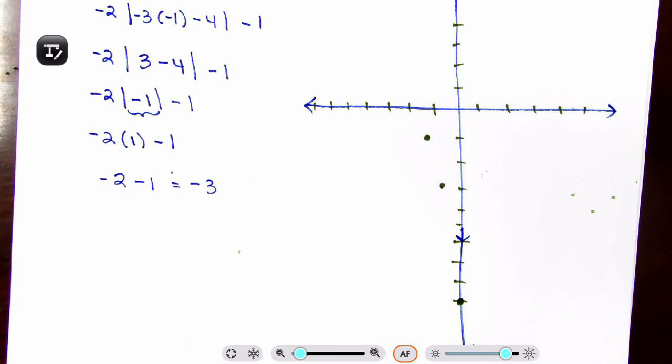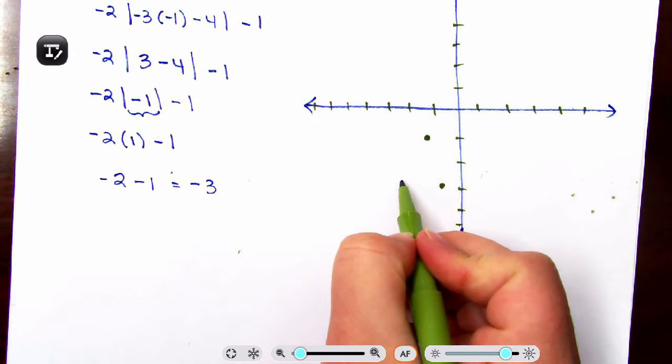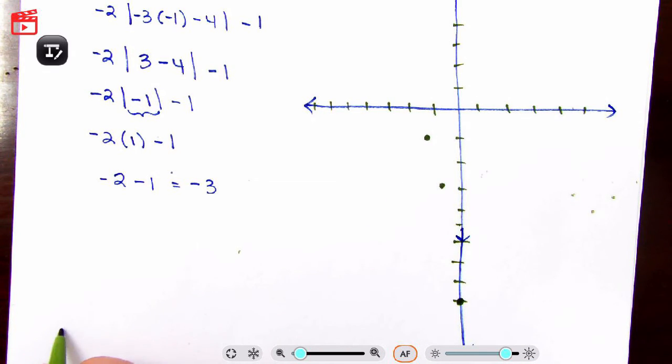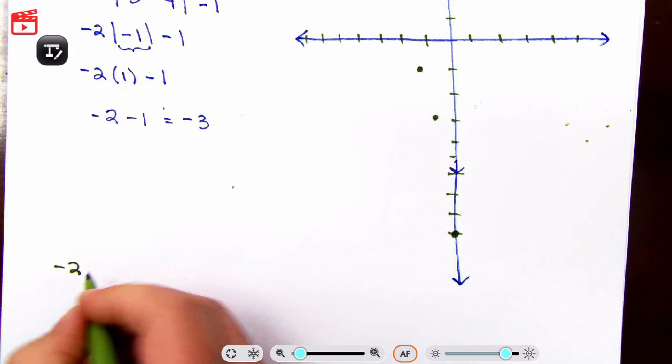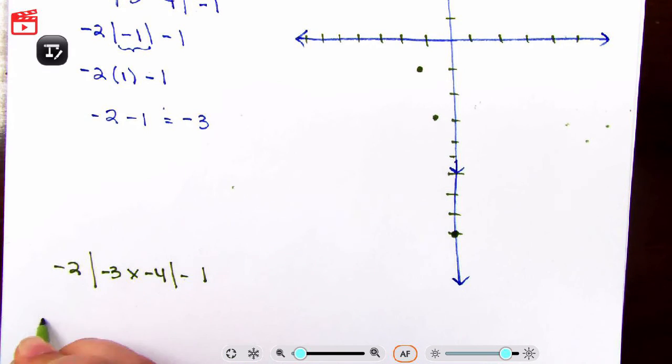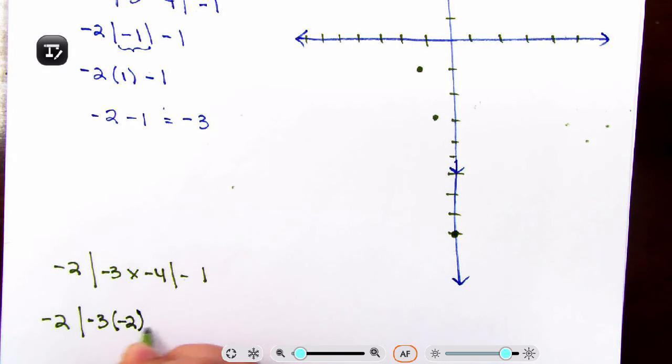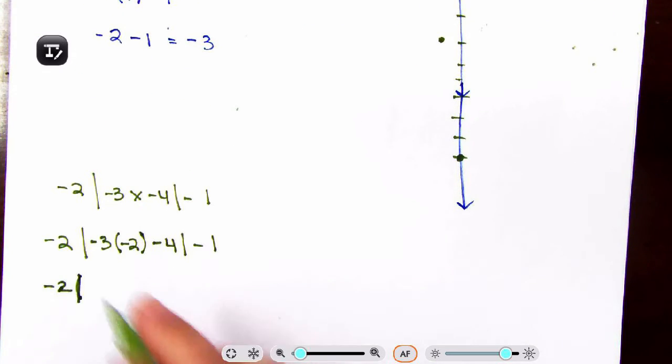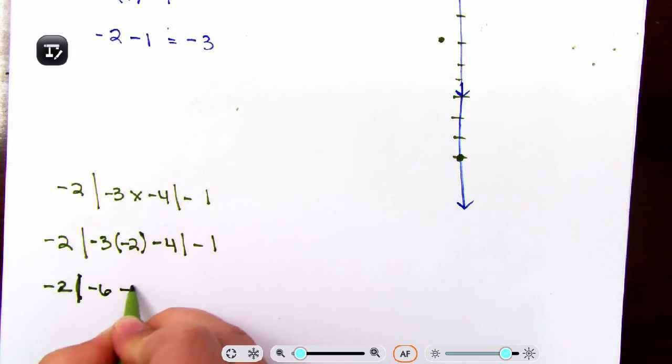So now let's go ahead and do this one more time for the value of 2, so I can get another point on the opposite side. So if we chose 2 as my input, let's do negative 2, excuse me. Oops, that should be an absolute value. This should be a negative 6 minus 4.